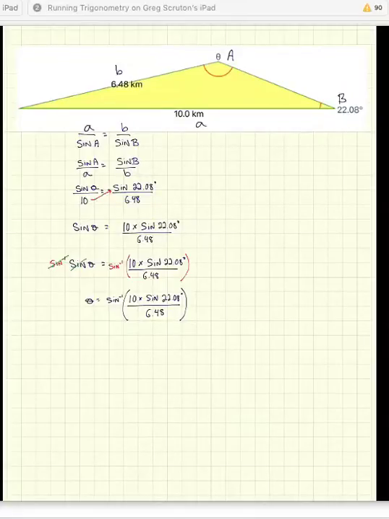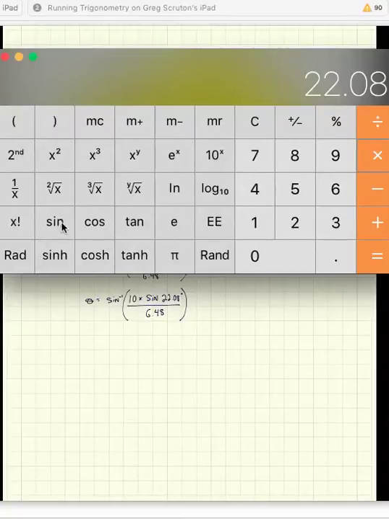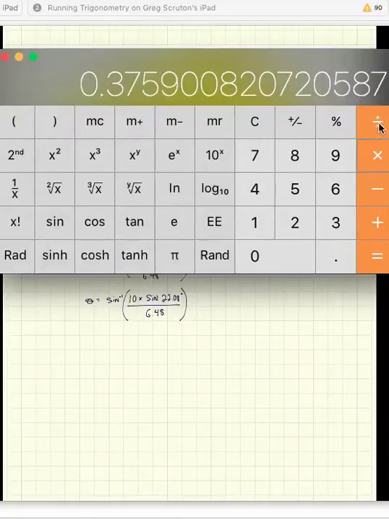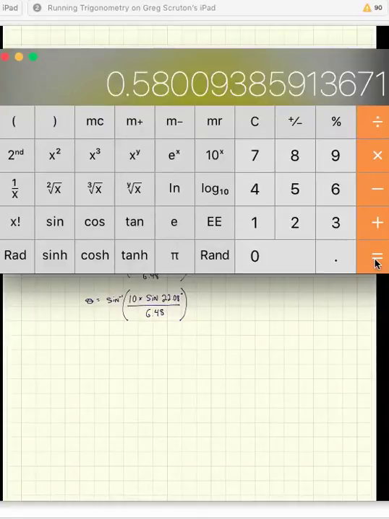All right, so handy dandy calculator time. 10 times sine of 22.08 divided by 6.48. And that is going to give us 0.5800.